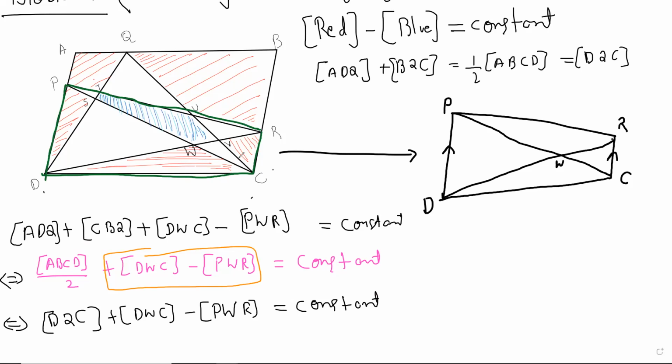But look at the second picture I've drawn. It's already there on the left side, but I've again drawn it. Now just look at PWR and DWC. What are their areas?